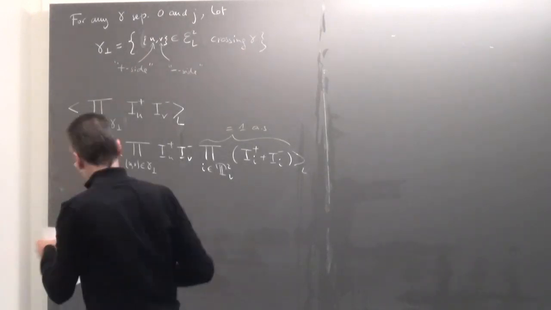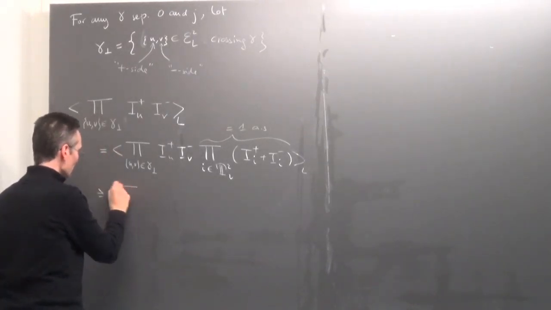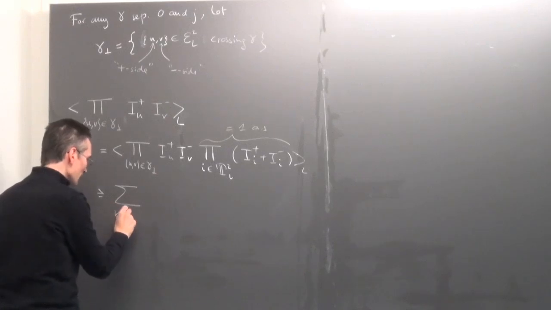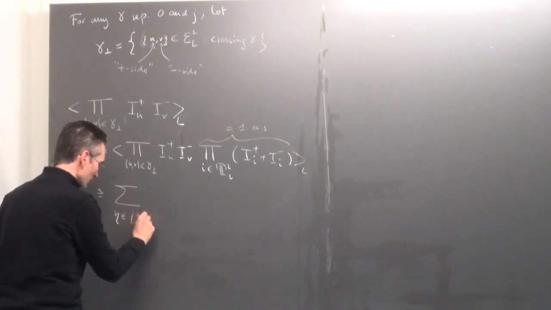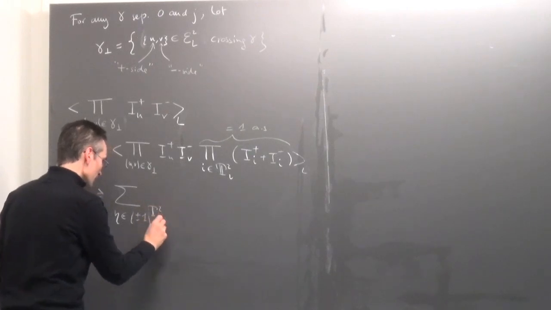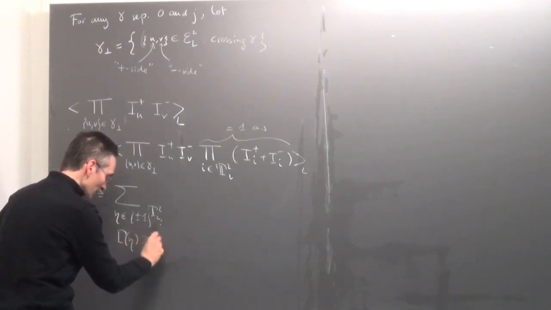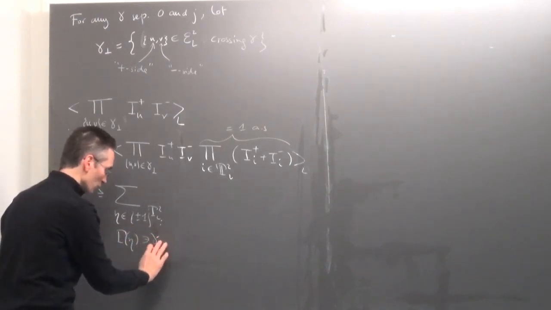It's the sum. Okay, there is a subtlety that I will mention in a second. So this is the sum over all configurations eta in plus or minus 1 to the power torus L, such that among the contours of eta, there is the contour gamma orthogonal, the contour gamma.